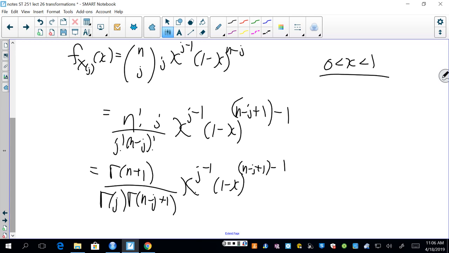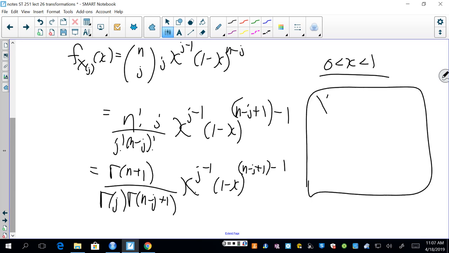Right? So the jth order statistic from a sample of uniforms has a beta distribution. And so all this work, the jth order statistic is distributed like a beta distribution when the x's were uniform. And the parameters are j and n minus j plus 1.